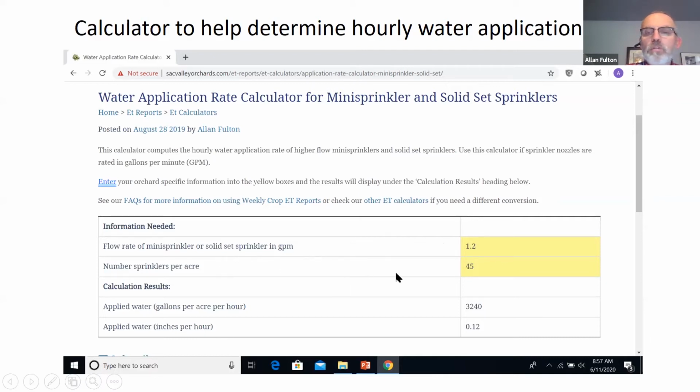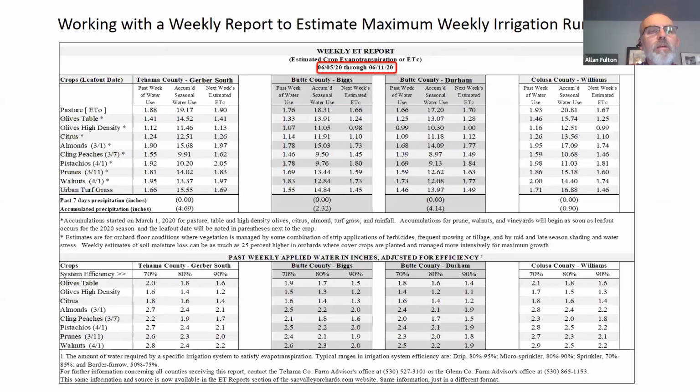The number of sprinklers per acre, 45, and then it does the math for you, the 3,240 gallon per acre per hour, and the conversion to acre-inch per hour of 0.12 inches. Or we just say 0.12 inches. So now we have our hourly water application rate.